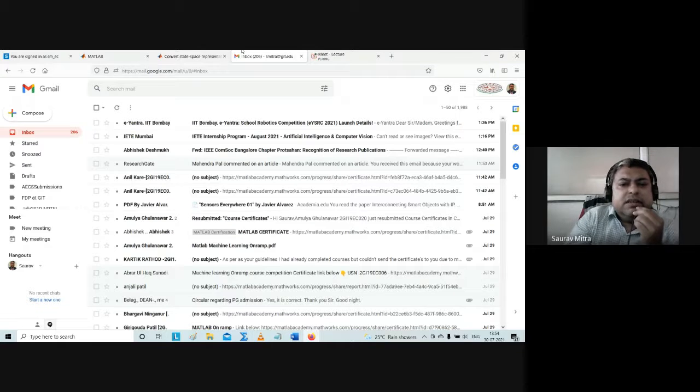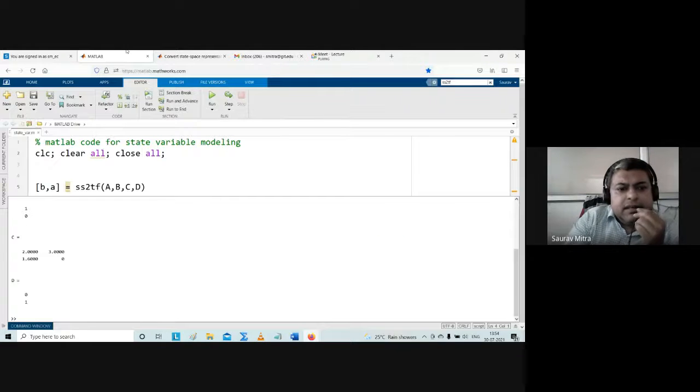Whatever we have covered so far in state variable analysis, only the first part, that is converting ABCD into a transfer function or converting a transfer function into ABCD, I have shown you how to do that.